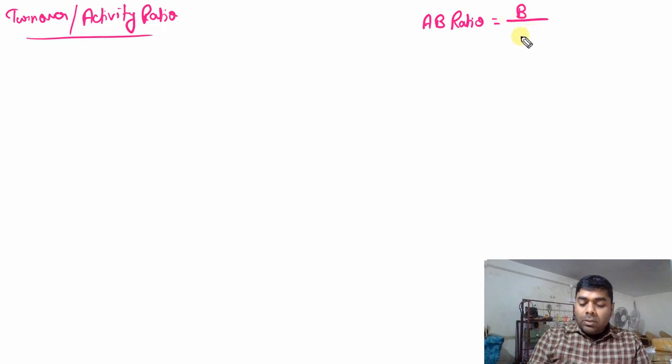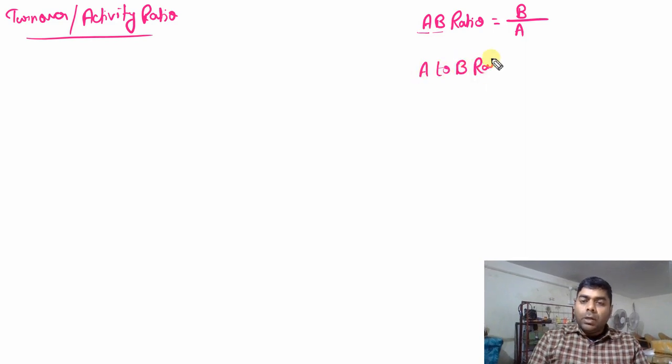I will elaborate all the tricks. If it is given as AB ratio, then you will put the formula as B upon A. There are two different things, A and B. Now, if it is given as A to B ratio, then you can write it as A upon B.